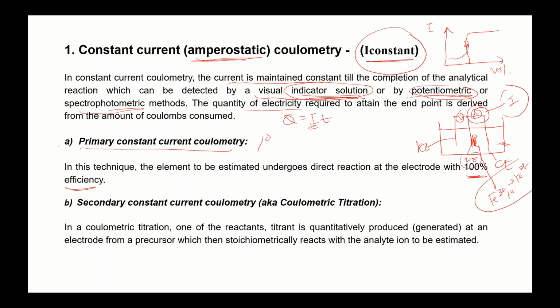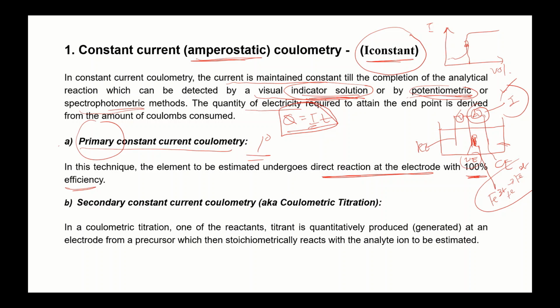You monitor the ampere, and you stop when you see the change of color. It means the endpoint of that reaction. So you have monitored the current, and you know how long the electrolysis took, so you can measure Q, the Coulomb. This is called primary, which means the direct reaction at the electrode surface.